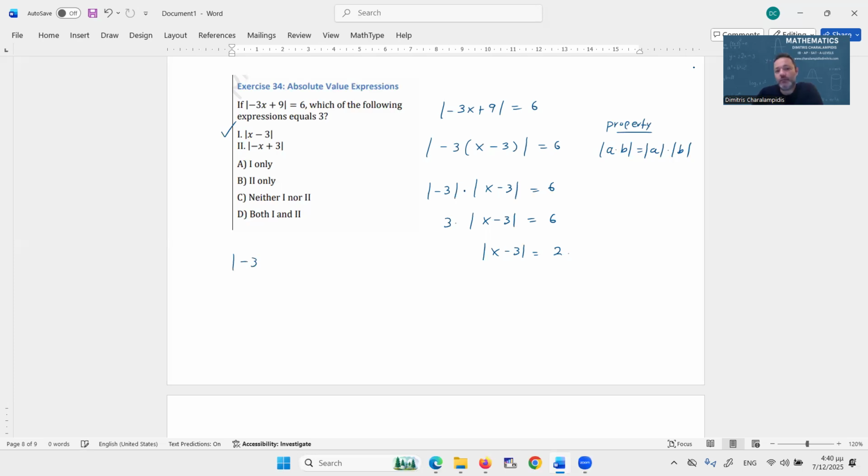Now, I started from minus 3x plus 9 equals 6, and I used negative 3 as my common factor. Let's see if things would have been different if I had used 3 as my common factor.